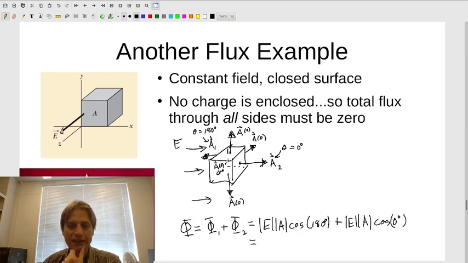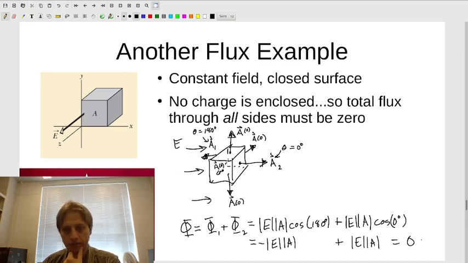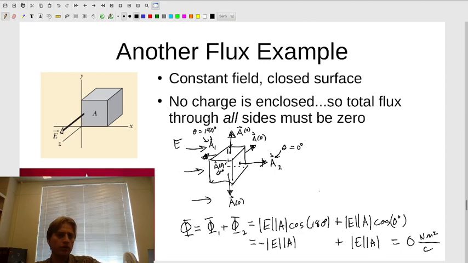Since cosine of 180 is minus 1, this would be minus EA, and then this one would be plus EA, and that would give us 0 Newton meters squared over Coulomb. So this is another example where Gauss's law works in a little bit of a non-intuitive way because it's hard to think about getting negative fluxes, but it just has to do with the relative angle of the area vector and the electric field vector.